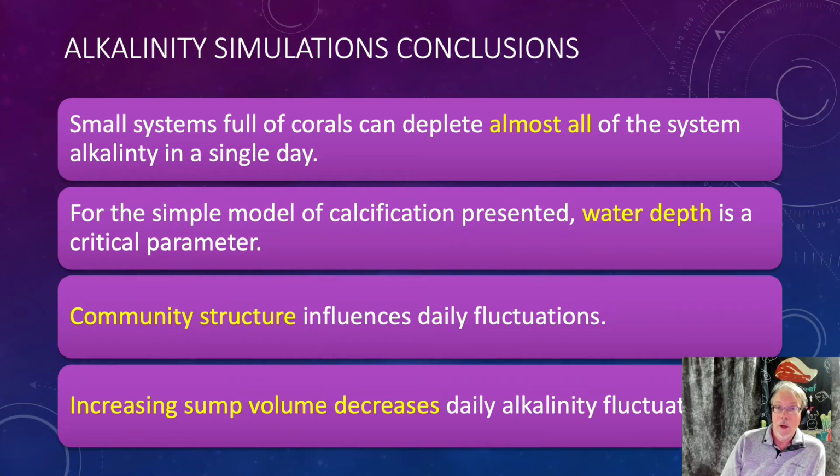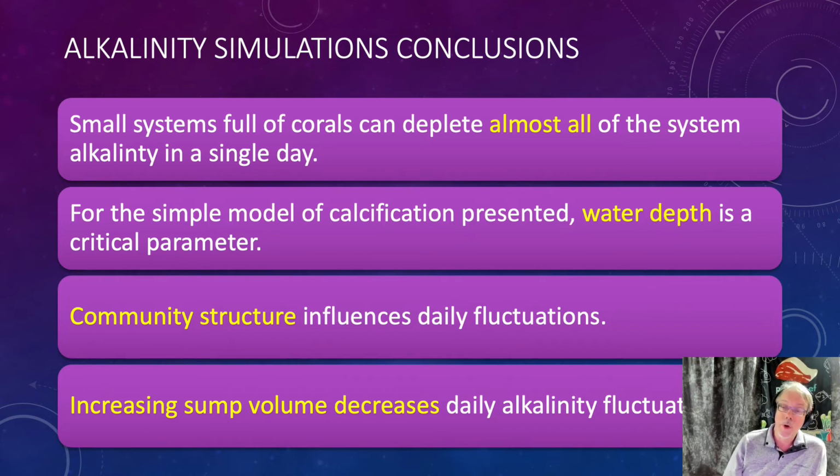Okay. So the take home from the numeric simulations that I did is that systems that are chock full of corals will rip through almost all their alkalinity in a single day, unless you're doing something to supplement it, or you're running at really elevated alkalinity. For this simple model, water depth in an all-in-one system is a really critical parameter, because water depth is linearly related to water volume, right?